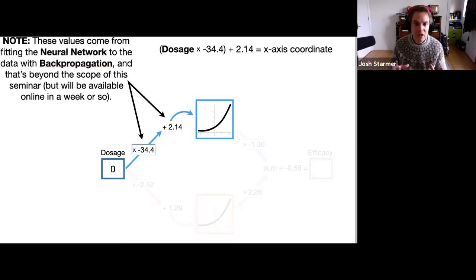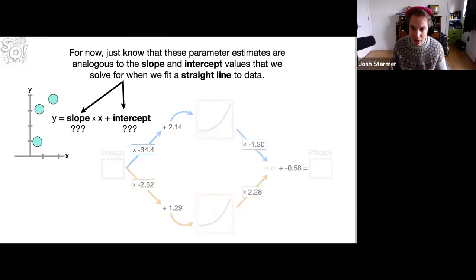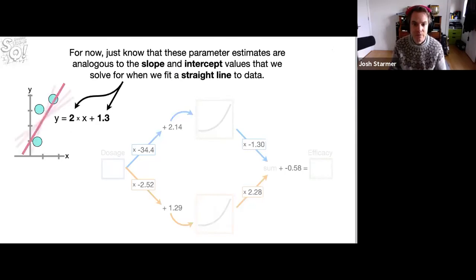And backpropagation is beyond the scope of this seminar, but it's actually online right now. So if you want to watch it, you can learn how we estimate these values. For now, just know that these parameter estimates are analogous to the slope and intercept values that we solve for when we fit a straight line to data.